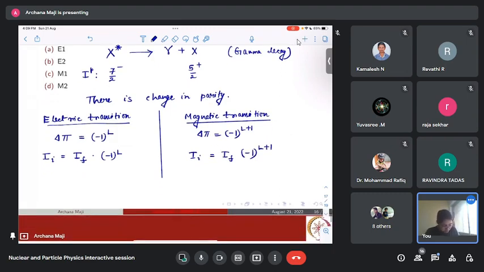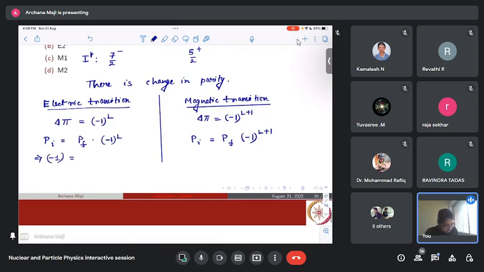Sorry, I mean parity. We are doing parity here. Minus 1 is equal to plus 1 times minus 1 to the power L. So minus 1 to the power L is equal to minus 1.